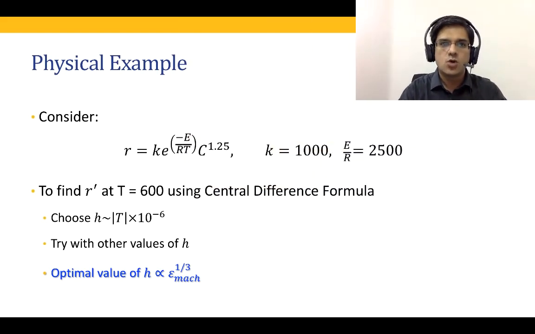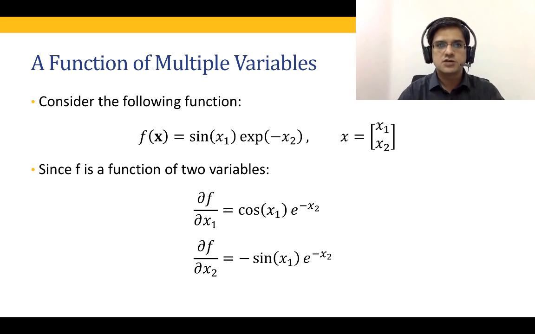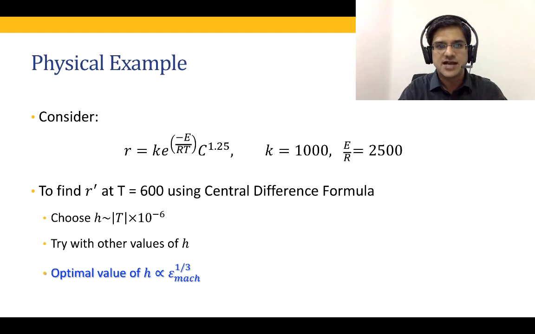So now let us go on to this particular lecture. In this particular lecture, we want to find out df by dx when f is a function of multiple variables. As a matter of fact, we have done this already in the previous example. In the previous example, if you think about it, the rate expression is a function of both temperature and concentration.